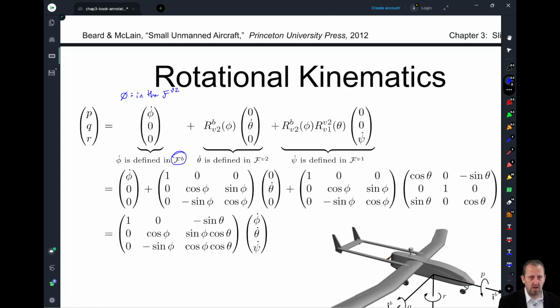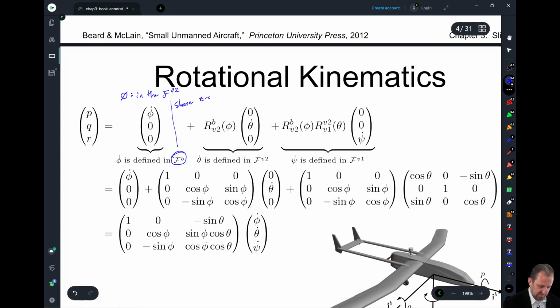Well, if you recall, the vehicle 2 and the body frames share the z-axis. So they have the same exact z-axis. And so if we're talking about perturbations about that z-axis, we could talk about those in either the body or the vehicle 2 frame.